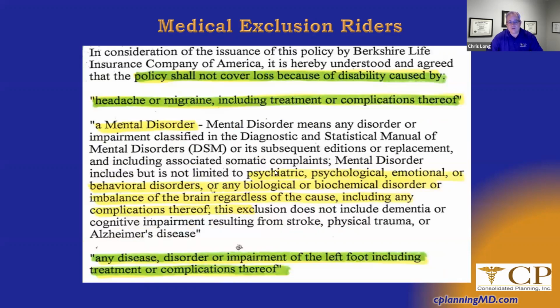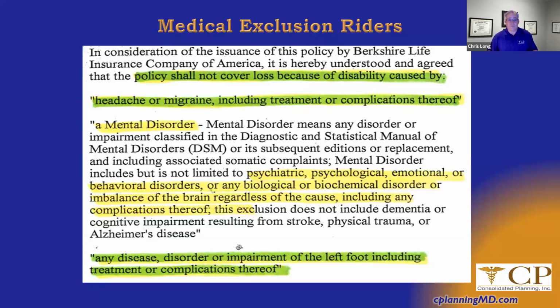All right, so moving on, mental nervous. Honestly, I don't know how you get through medical school and residency without some anxiety, depression, and probably a few other DSM categories. I just don't. But the reality is that the insurance company is going to have a problem with that.